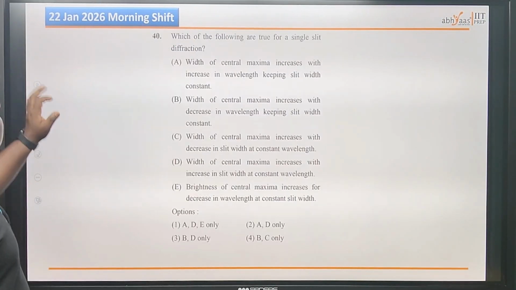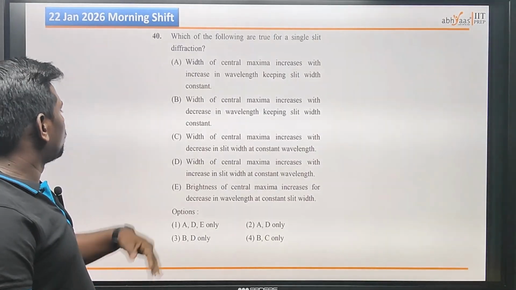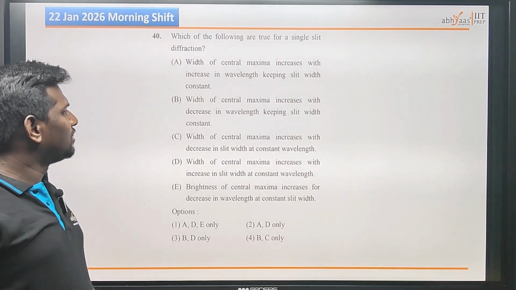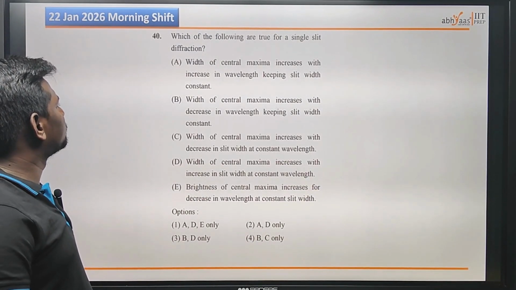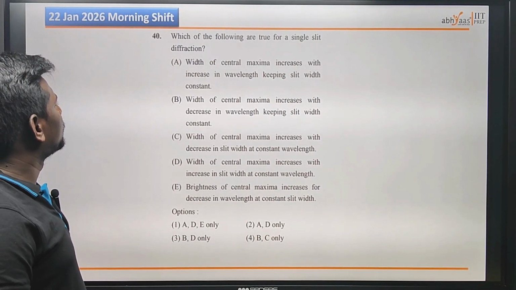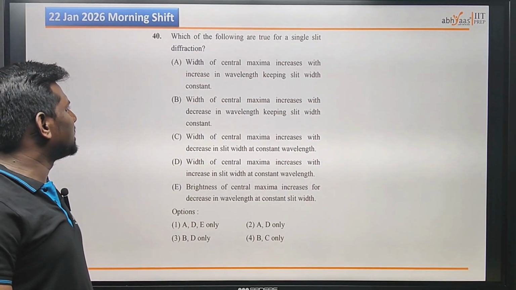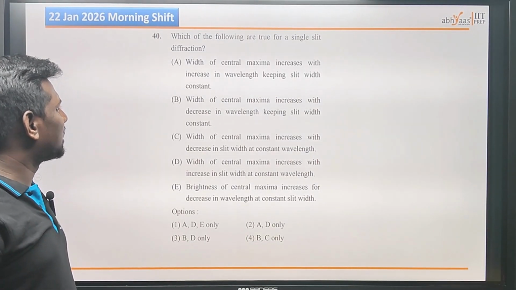So next question, see here, one more question which is from wave optics. See here, YDSE actually. The width of the central maxima increases with the increase in wavelength keeping the slits constant.